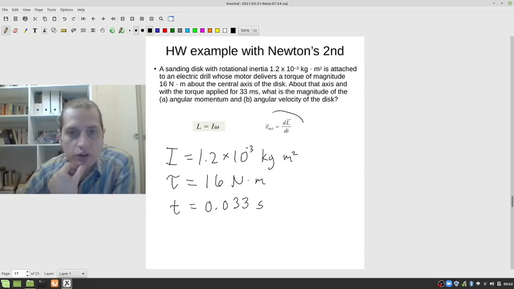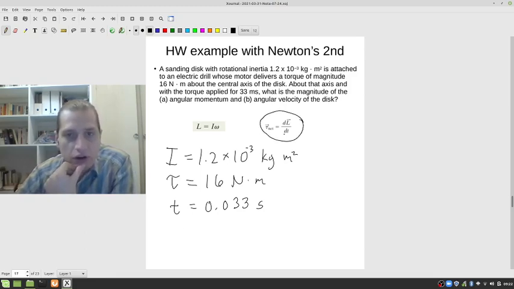Okay, so what you're going to use is this. If you have something like this, you can find your change in L for a constant torque. For a constant torque, this just becomes torque equals delta L over delta t. On the other hand, if you want to think about integrating this constant over time, that's also okay.